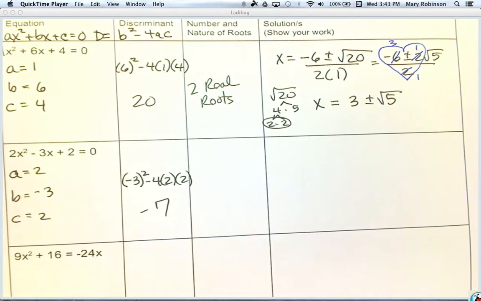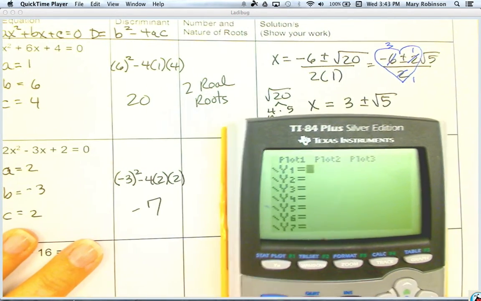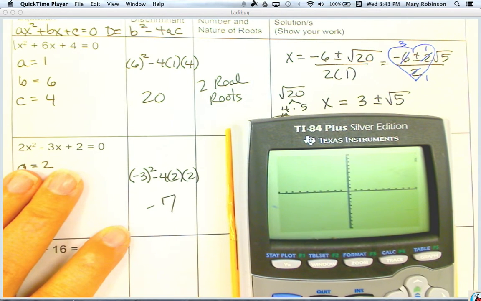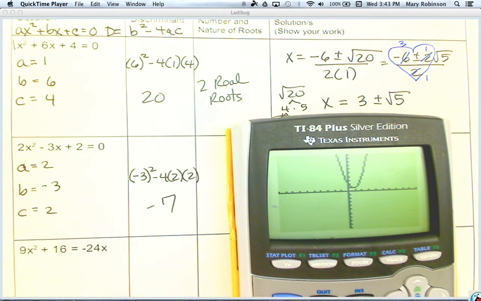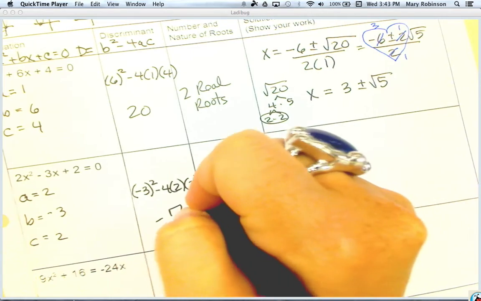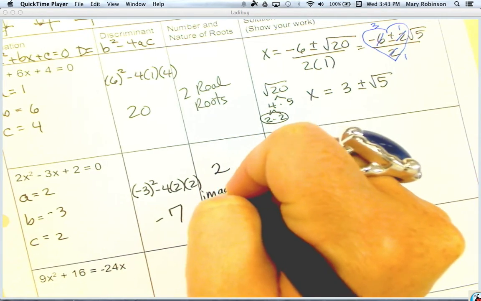Well, if we look at the graph of this one, we got a negative discriminant this time. So let's see what that means when we get a negative discriminant. We actually see that it does not cross the x-axis or touch it at all. So that means we have 2 imaginary roots.